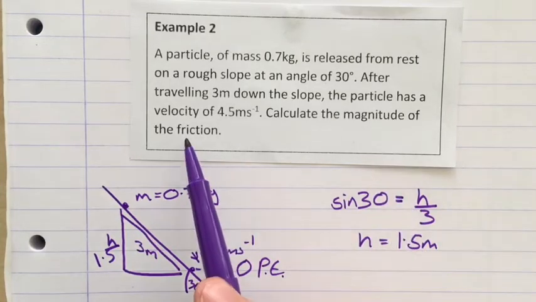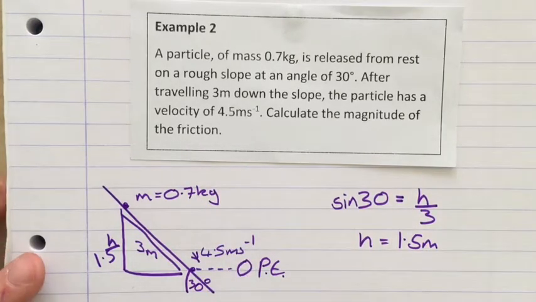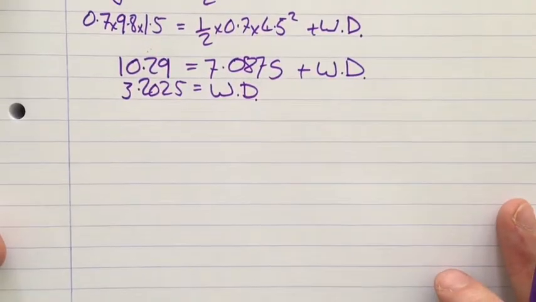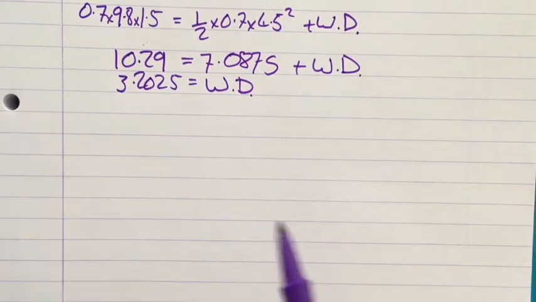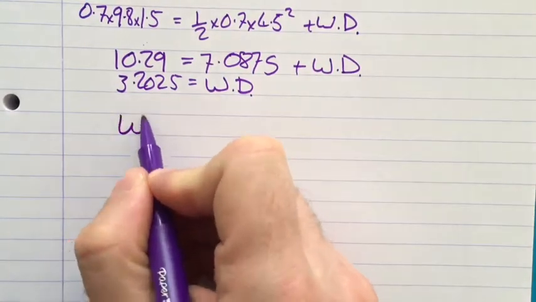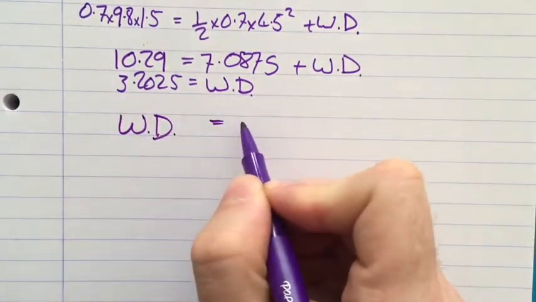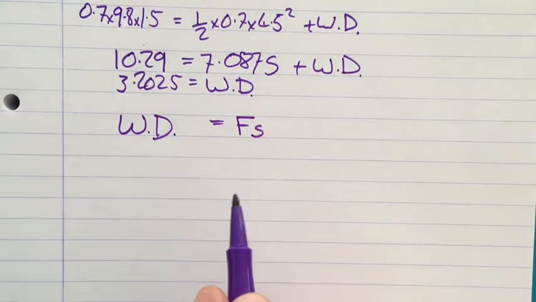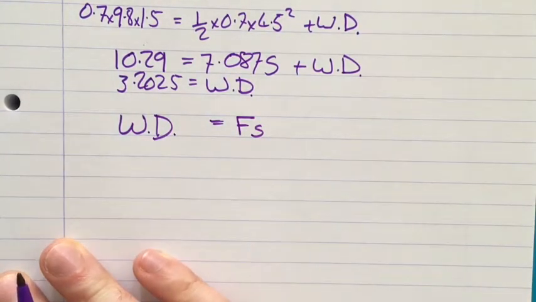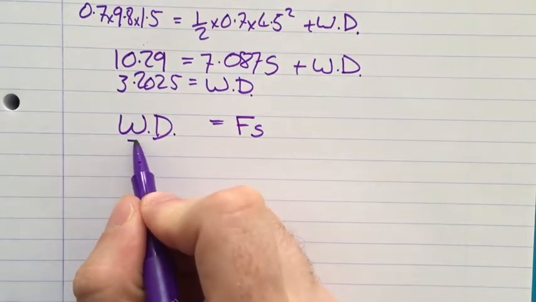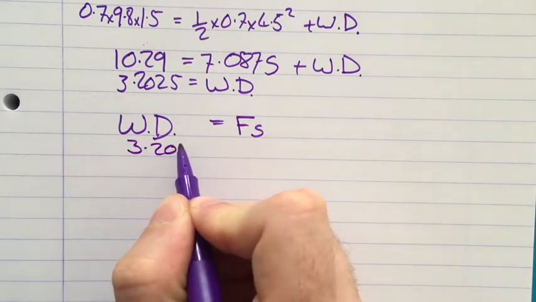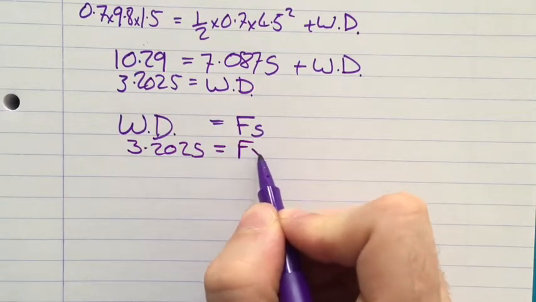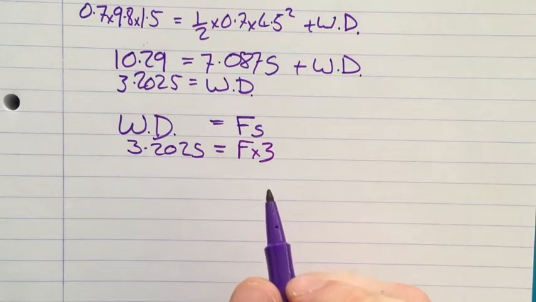Now the question, if we refer back to it for a second, asked us to calculate the magnitude of the friction. So it wasn't the work done against friction, we actually want to know the size of the force. So this is where we need to draw in some of our other knowledge, and we should remember that work done is equal to force times distance. The question told us we went 3 meters down the slope, so our work done, 3.2025, is equal to our force times 3 meters.